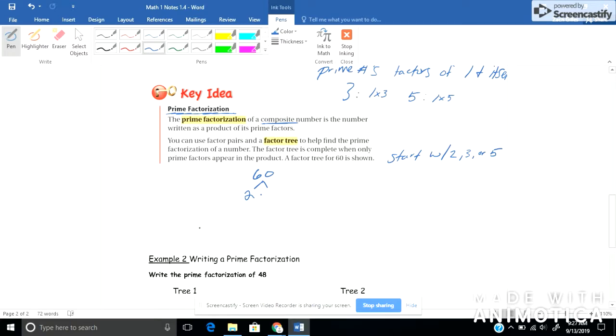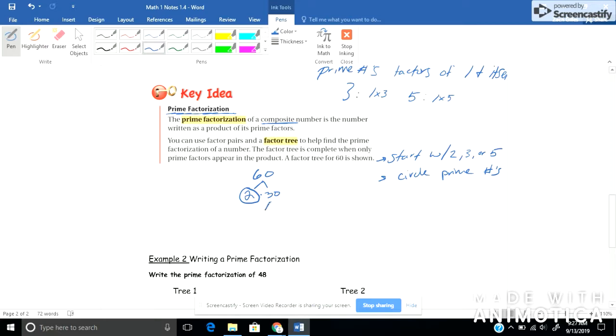And it would be 30. And then the second trick would be to circle your prime numbers. Okay, so since 2 is prime, I'm going to circle it. The only factors of 2 are 1 and itself. So it's a prime number, and I can't break it down anymore, so that's why I circle it.